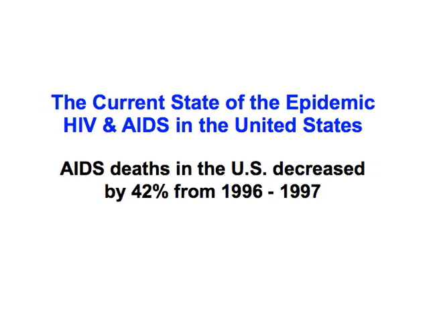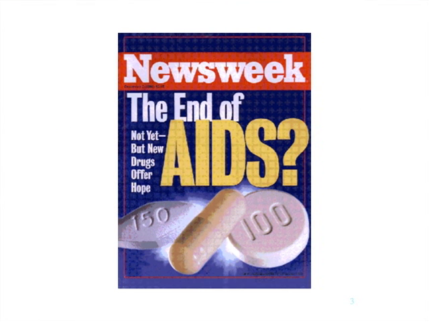Some of you may remember seeing the cover of Newsweek that posed the question of whether or not this was the end of AIDS. What we now know is that this remarkable decrease in deaths was due to the emergence of what is known as combination therapy, which today remains the gold standard for how patients with HIV infection are treated, particularly in the United States and in the West.